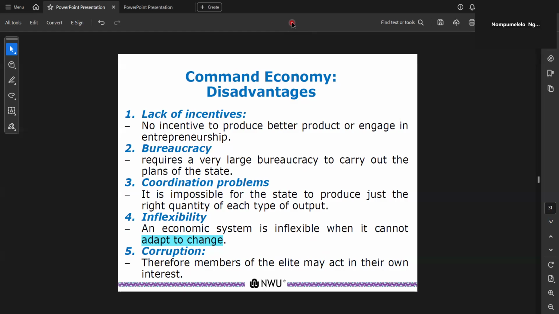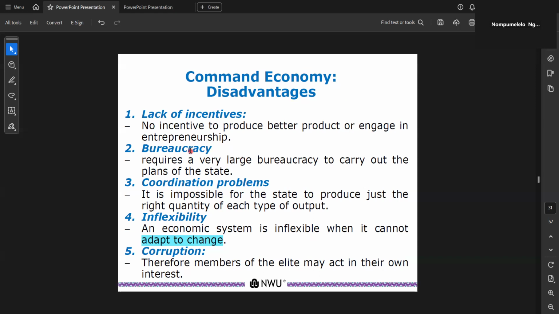So just to recap, in the command system, resources are state owned. The government makes all the choices. What I forgot to mention is that the government owns all the factors of production here, except for labor, because you can't own people. Labor is people, basically.